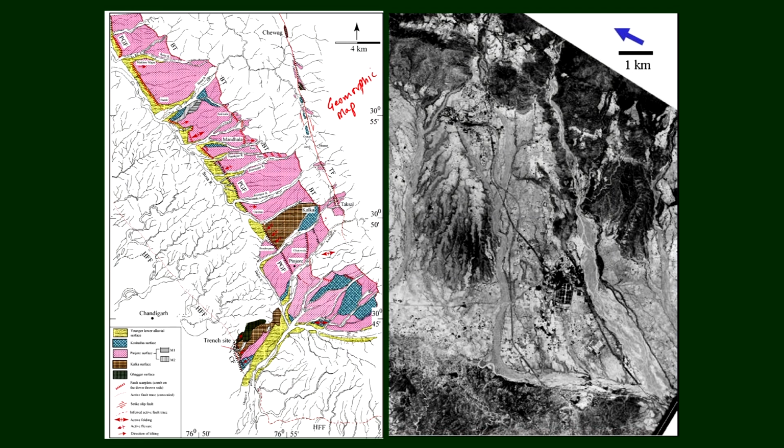If you see this portion here, this one is exactly this area. And this line which I am putting as bold is this one. So, instead of just saying this is a geomorphic map, we say this is a tectono-geomorphic map, because we have included the tectonic features also.